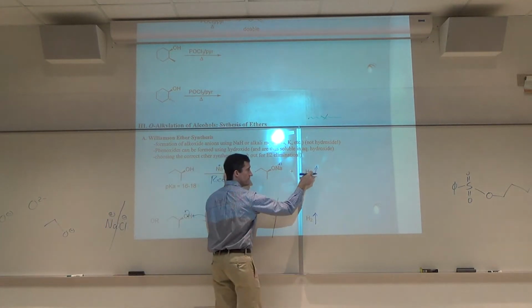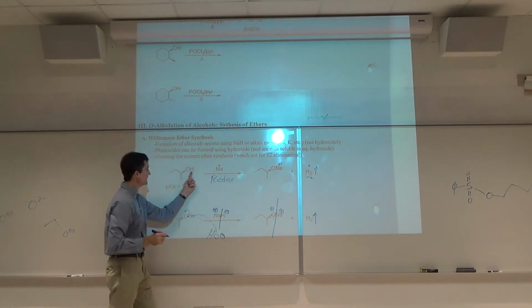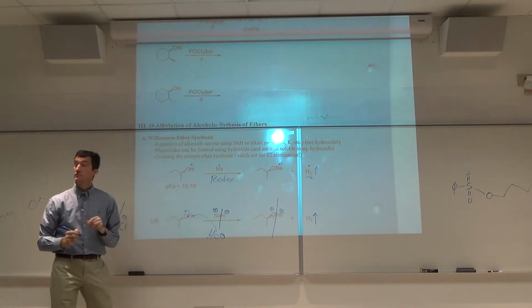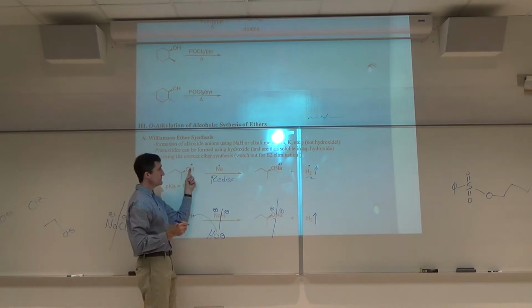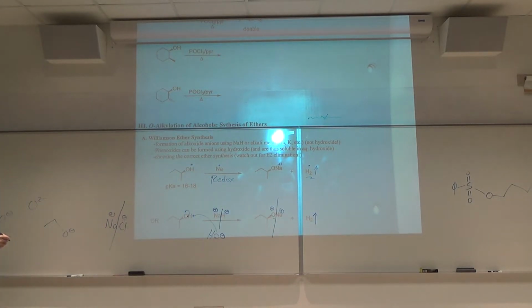Now, what's the oxidation state of the H in elemental hydrogen? 0. What's the oxidation state of the H here? It's known to be +1 when it's bonded to it like this. Okay? So the H has essentially been what? Reduced. It's a redox reaction.